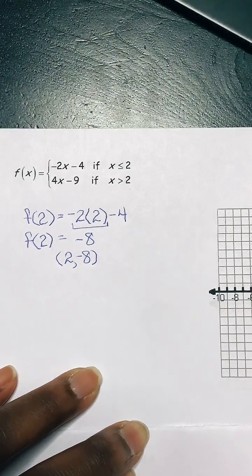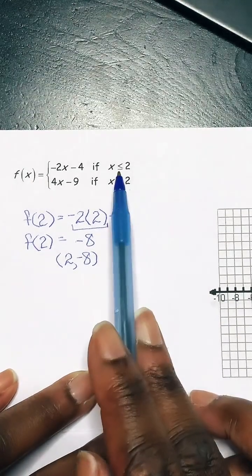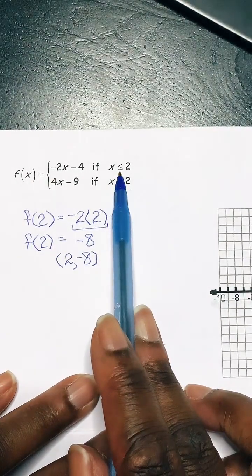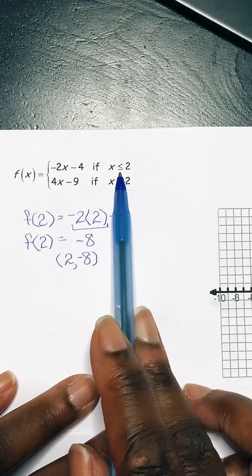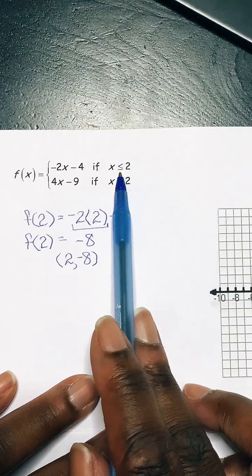Okay, look to see the inequality sign. There's a line underneath.